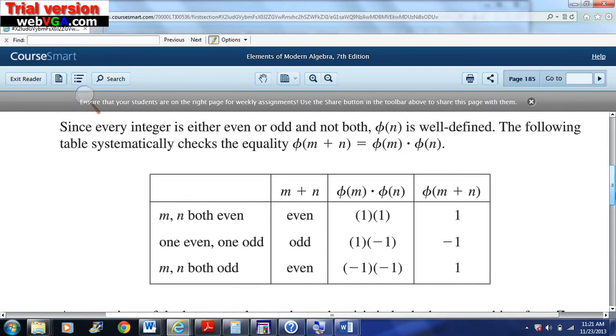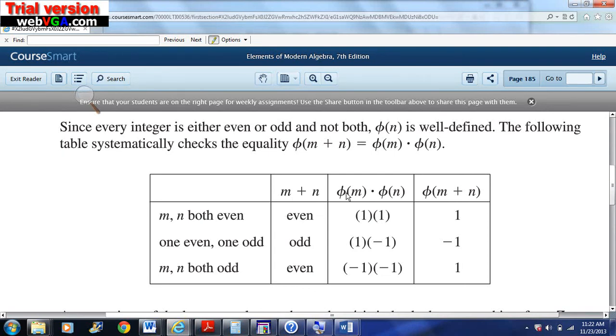So we can look at this in the table. If M and N, we go through the possibilities that we can have here. If M and N are both even, then M plus N would be even, because if you add two even numbers, you get an even number.